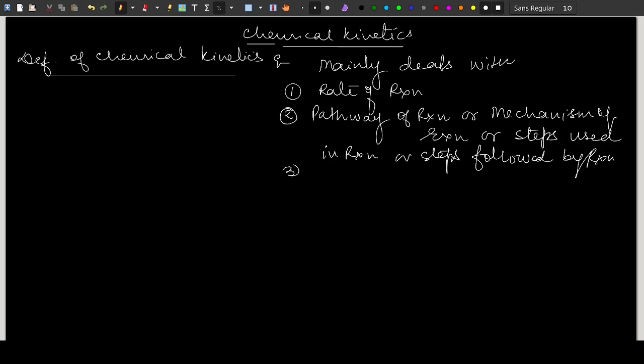Third point, you can say it also deals with energy change involved in a reaction.